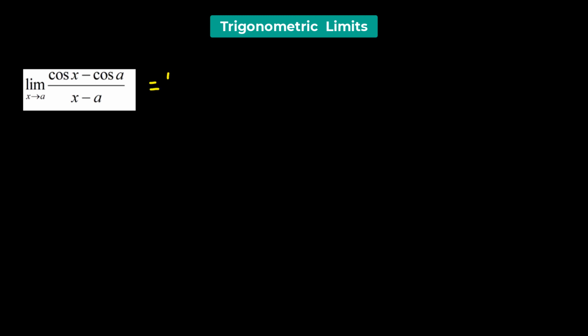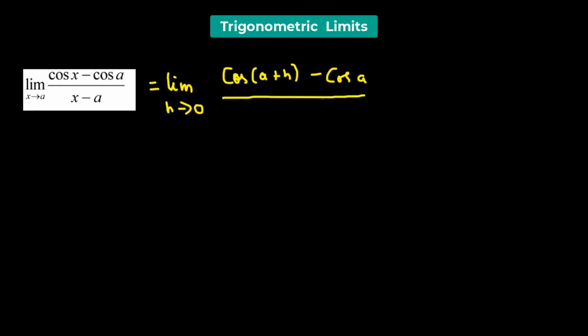So we are going to change the limit. So we have limit h tending to 0, so that cosine of x now gets replaced by cosine of a plus h minus cosine of a divided by, so we have x that gets replaced by a plus h minus a.